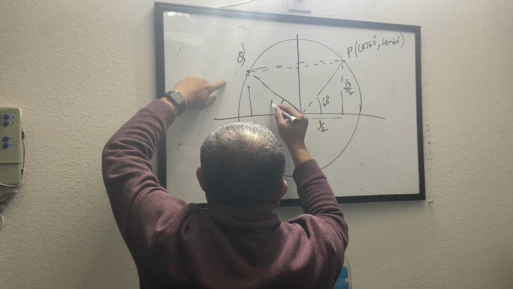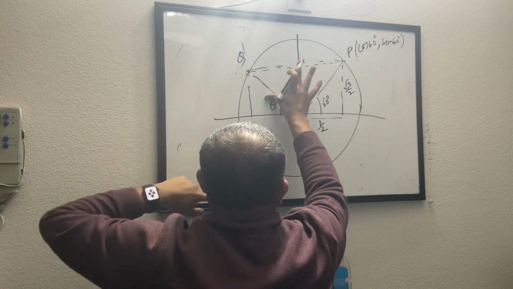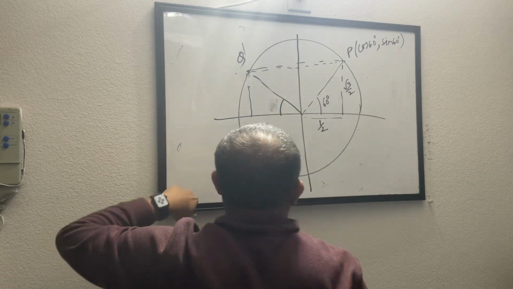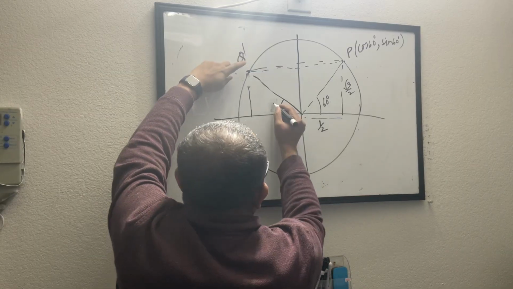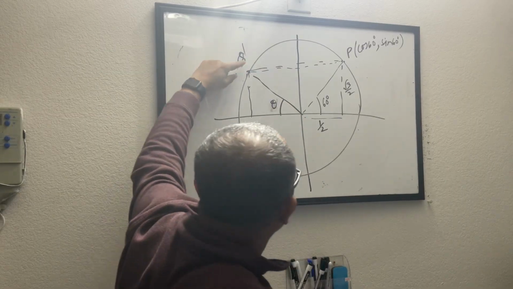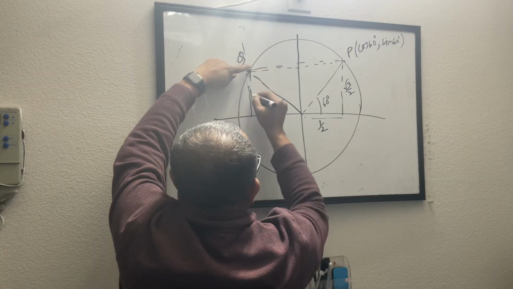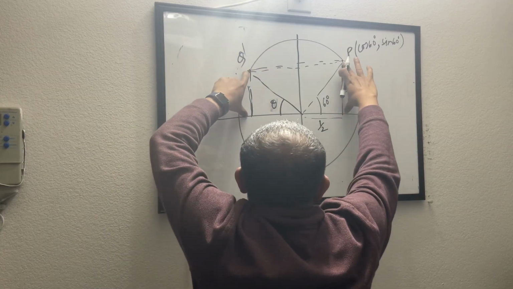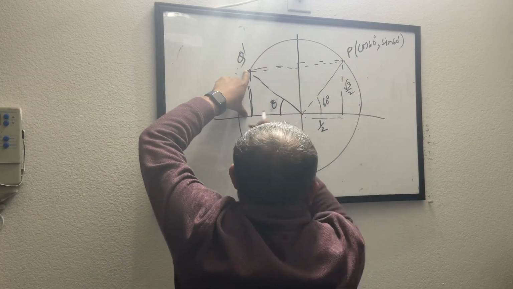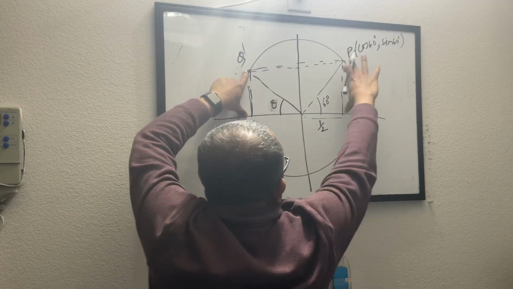This angle is theta. Okay, I'm not confirming that right now. Let's say this angle is theta. Okay. What I've done is from here I've drawn a perpendicular so that this height and this height are the same. I have drawn this line parallel to the x-axis, so this height and this height are the same.